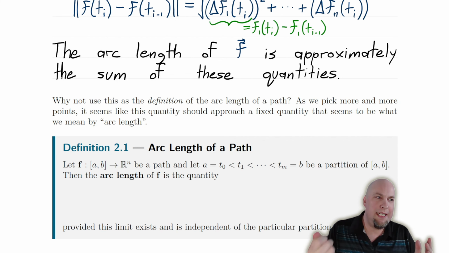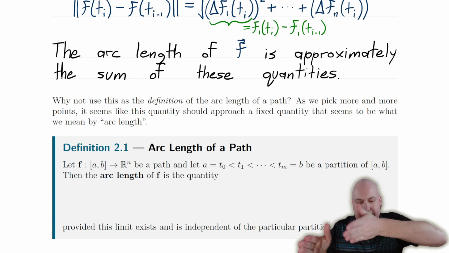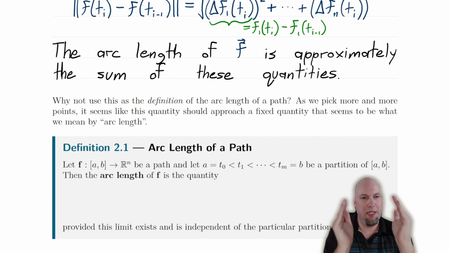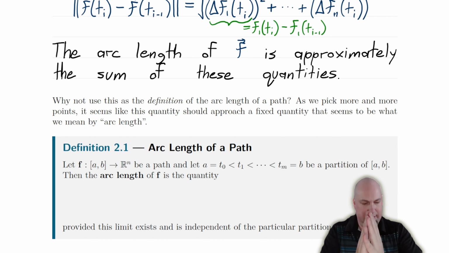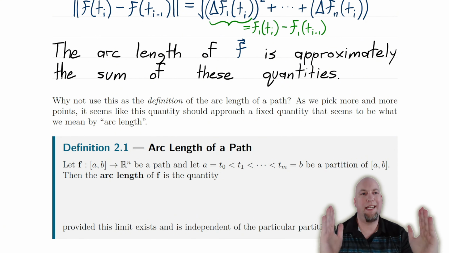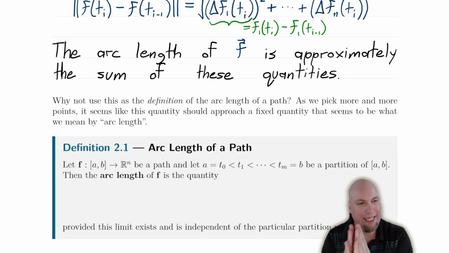But there's a slight technicality: I don't just need m to be going to infinity. I don't just need to chop up my interval from a to b into m subintervals and let m go off to infinity. I also need to chop it up in such a way that each of those subintervals is getting smaller and smaller and going down to width 0.